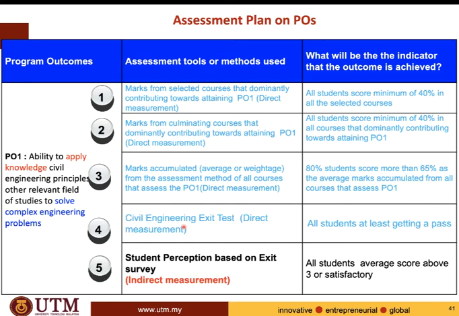And the fifth tool, you can also use student perception based on an exit survey. You give them a questionnaire and a self-assessment tool, and that is the reason why it's an indirect measurement. You get this feedback from the students, and if the students' average score is above 3 or satisfactory, then you consider that is okay.